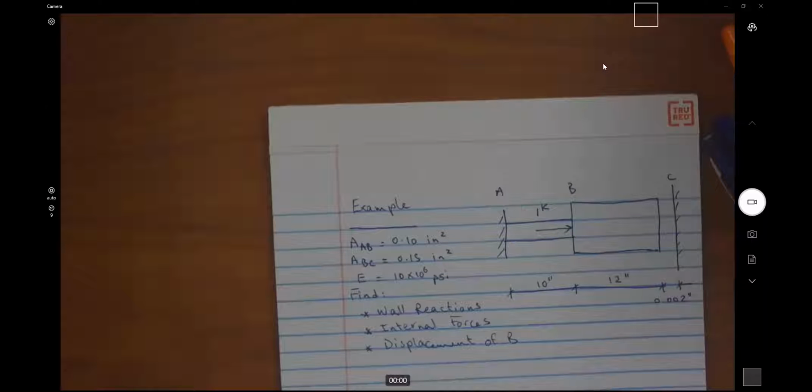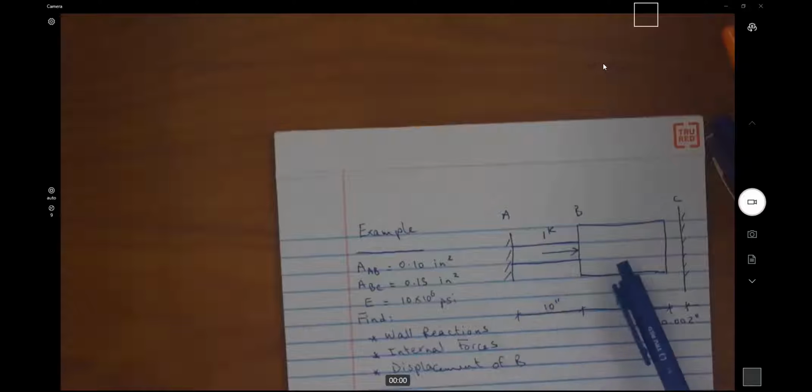What's happening here is we have these two cylinders. They are fixed to the left, but they are allowed to move until they hit the wall a distance of 0.002 inch. They are subject to this force of 1 kip pushing them from the left to the right.